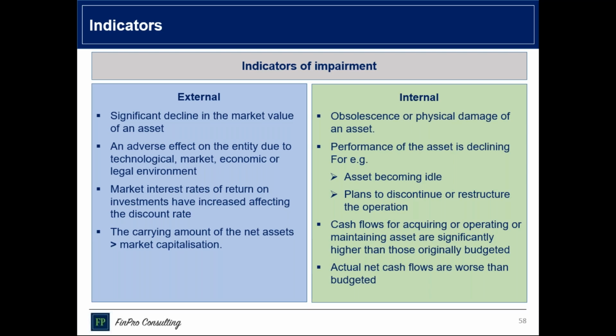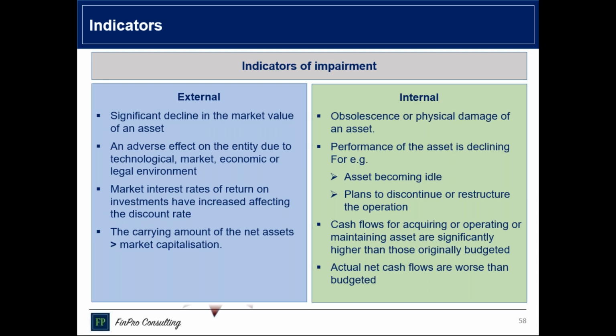So these could be some internal factors. There is also a possibility that originally you had budgeted that X amount of cash flows will be received after maintenance, etc. But there is a possibility that the total net cash flows are much lesser than those budgeted, right?